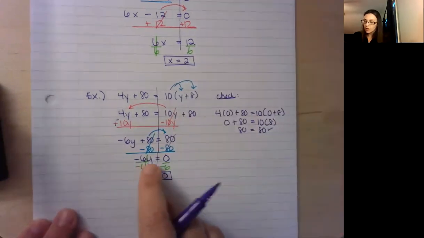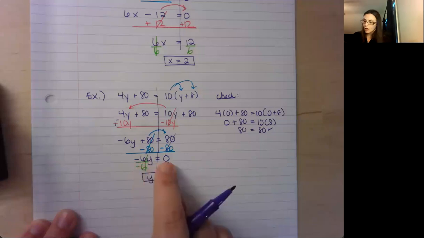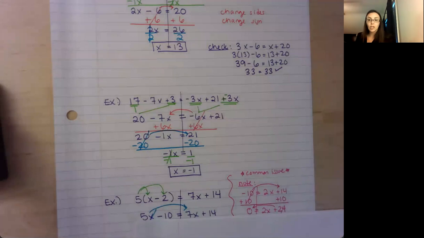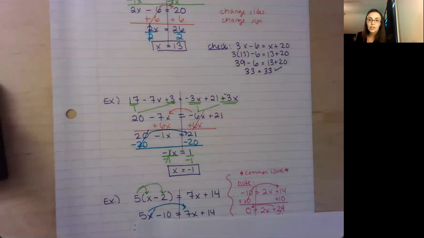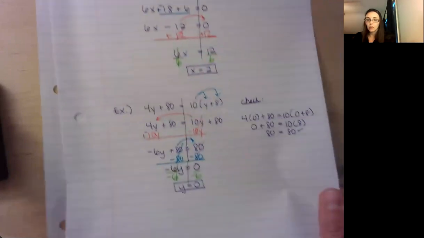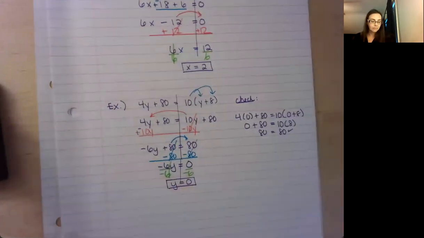But notice here that when you were at that step, you had one thing equals 0. In the other example that I gave you before, you had 0 and you had two things on the other side. So to get to the dividing step, you need to only have one thing on each side. So that's how we know that there was an error, whereas in this one, 0 just happens to be the answer.